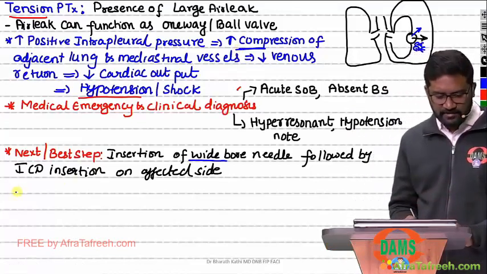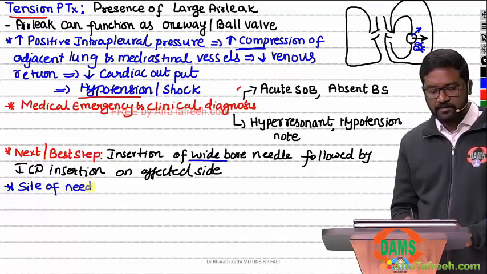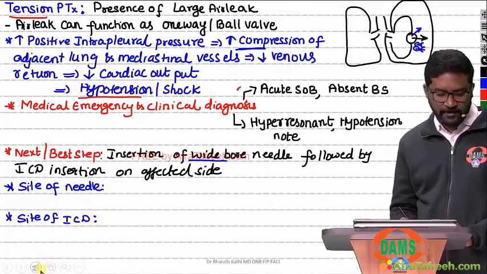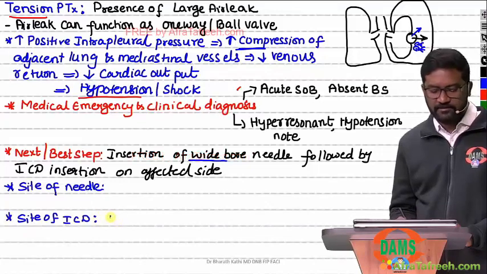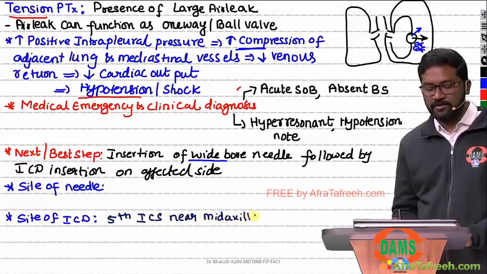So the next question: what is the ideal site of needle insertion and what will be the site of ICD insertion? For ICD, it has always been a single option: 5th intercostal space near the mid-axillary line.